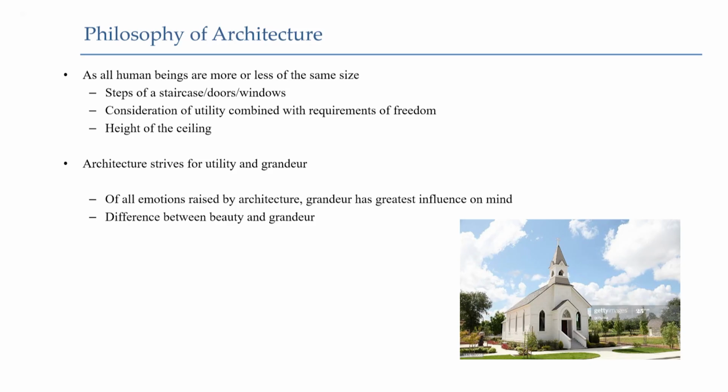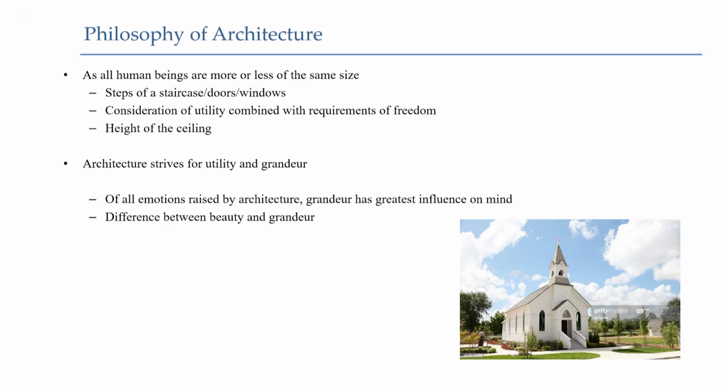So, different types of emotions can come to you, but architecture has a particular quality through which it can raise an emotion called grandeur. And grandeur comes from the word grand, and grand means great, and great means something which is of gigantic proportion, something which is beyond human.